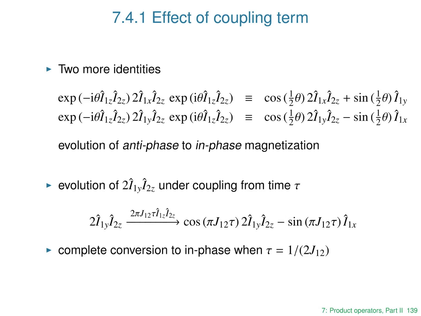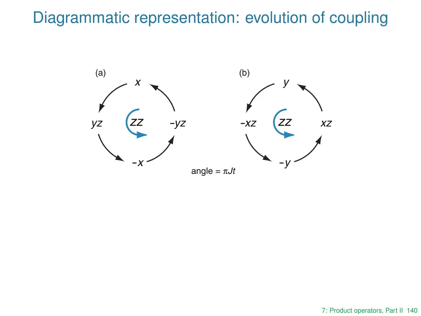Now, what that means is that the effect of these coupling terms can be represented using one of these diagrams. So before we were using these to look at how X, Y, and Z rotate things. Now these two diagrams show us how the coupling affects the term.